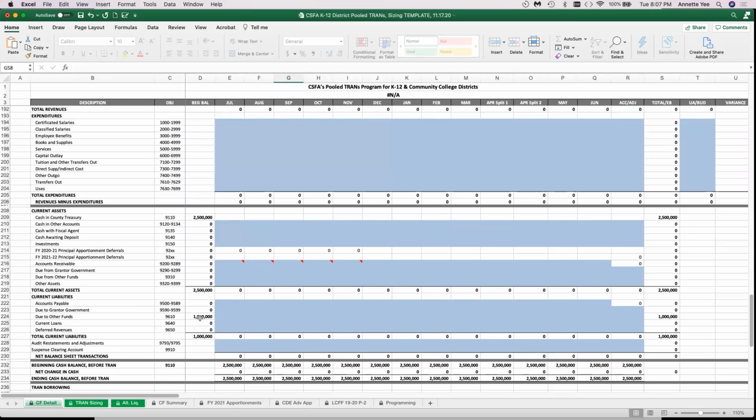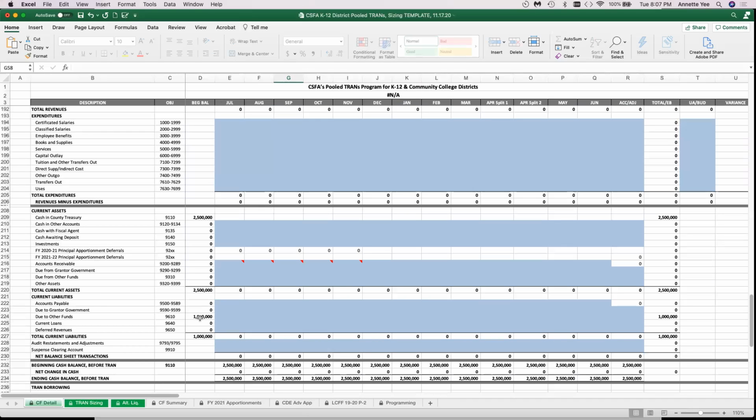And we might be looking at more of a state apportionment loan for a client that is borrowing and can't repay. And as you've mentioned, a TRAN is only for those districts that can repay it. It's not to address a solvency problem, if I remember right.